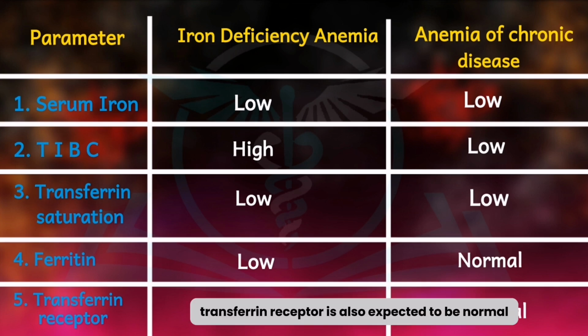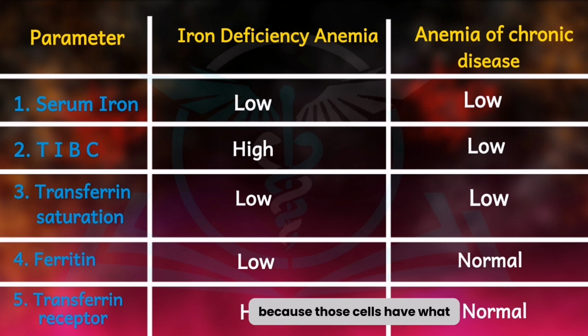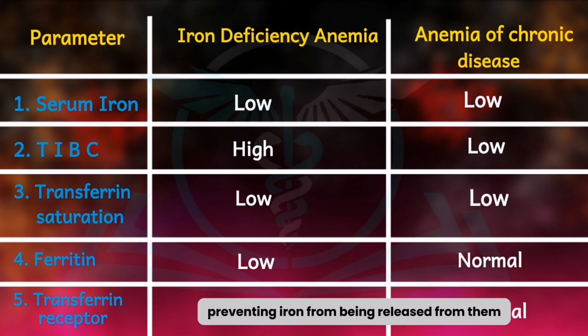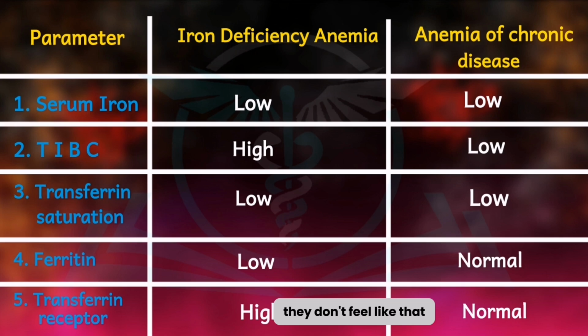And then the transferrin receptor is also expected to be normal because those cells have what? Iron in them. But the problem is that hepcidin is preventing iron from being released from them, and so they don't feel like they are deficient in iron. They don't feel like that, and so they would not express more transferrin receptors.